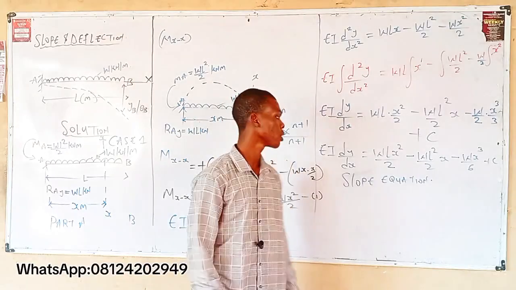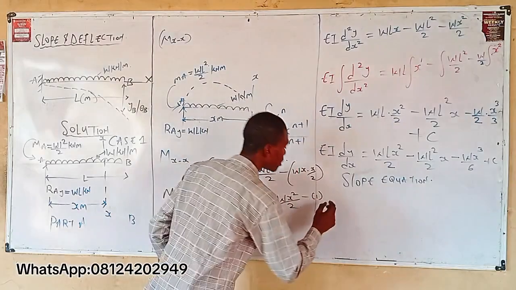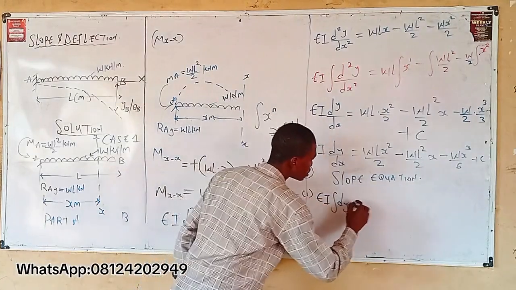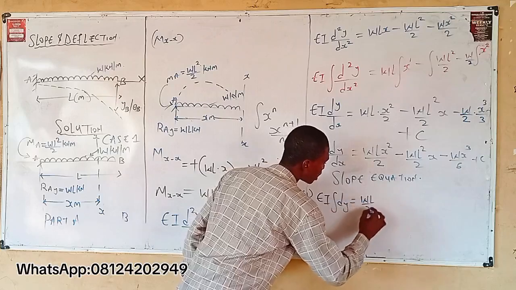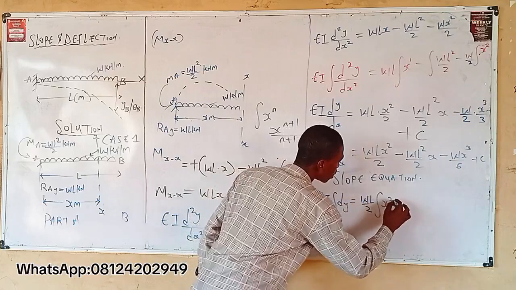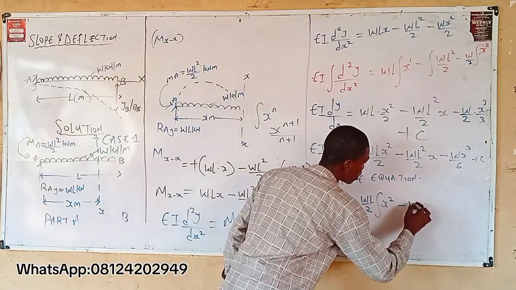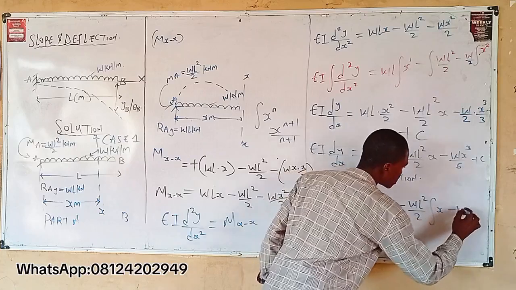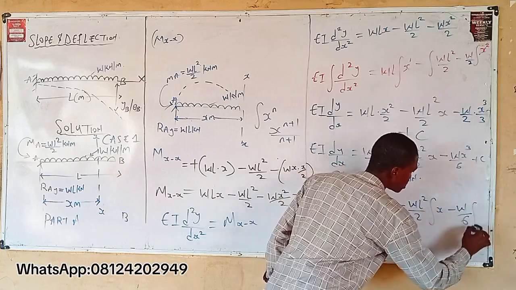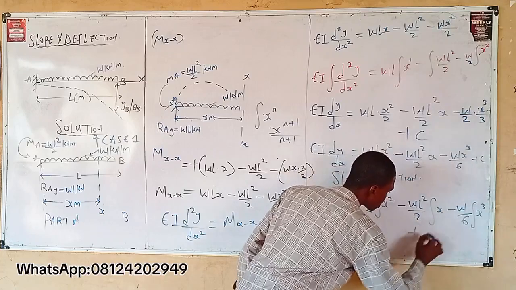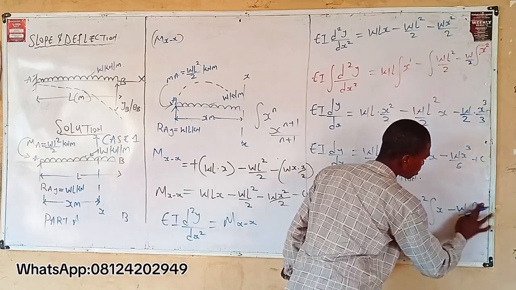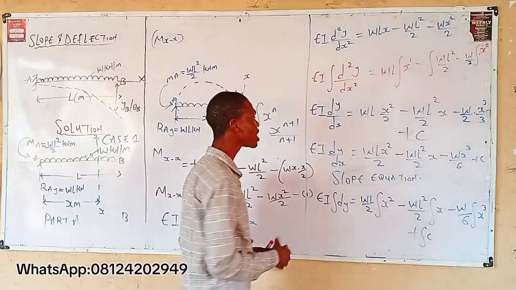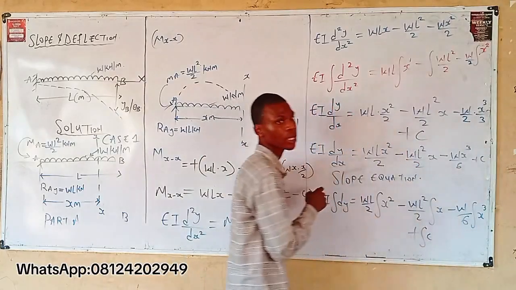Now let's integrate the slope equation. What do you have? The integral of EI dy equals WL over 2 integral x squared, negative WL squared over 2 integral x, negative W over 6 integral x cubed, plus integral c. Just that you are integrating everything that you have here.